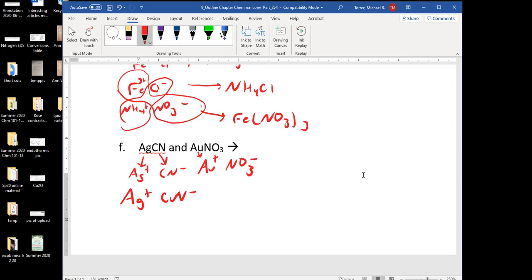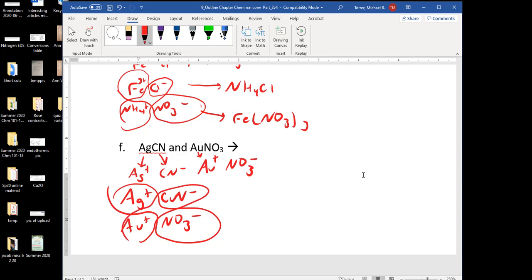I then go ahead and rewrite it. So I have the ionic formulas separated out into individual ions, and then I circle to swap. So then this is going to be gold cyanide, and then this will be silver nitrate.